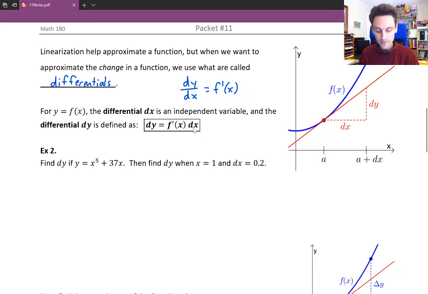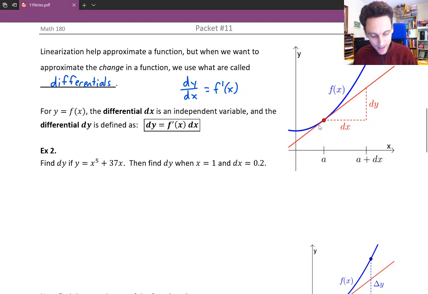So this is like a variable dx that we can change, which will influence what the values of dy are. In other words, if we change the run along a tangent line, that's going to change the rise that we travel along that tangent line as well. The longer the run, the longer the rise, generally speaking.